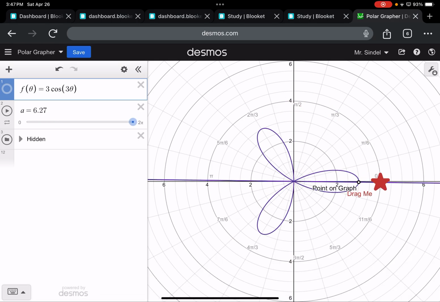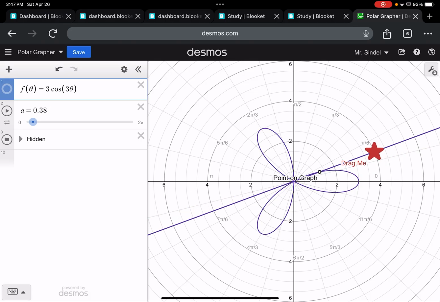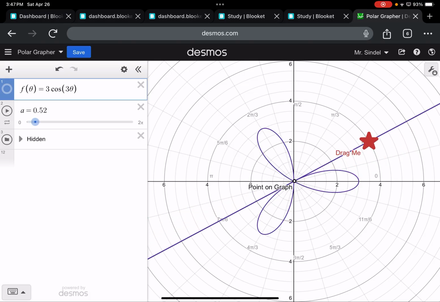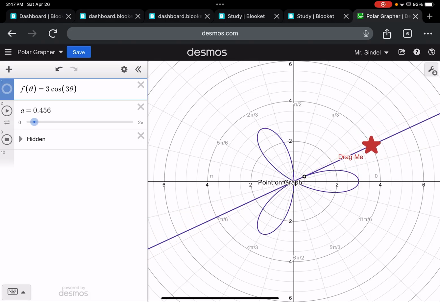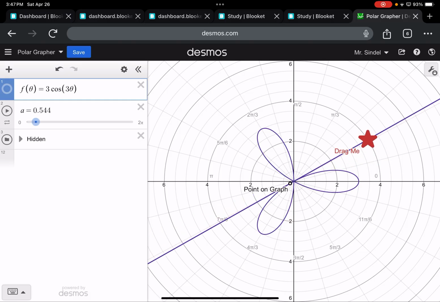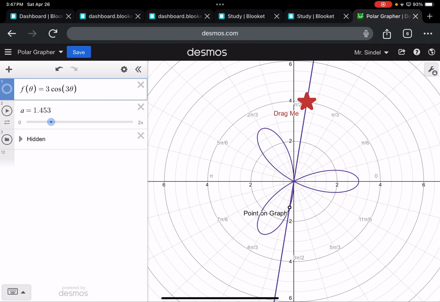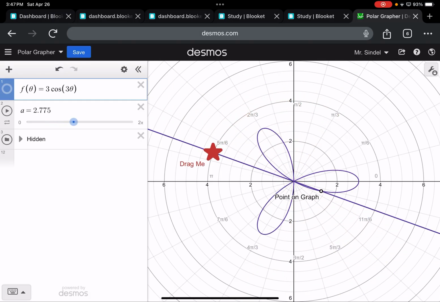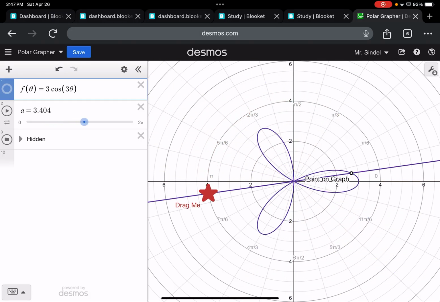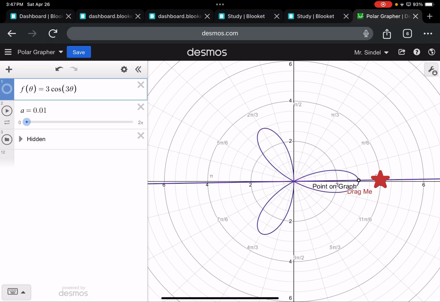And you can see that I'm just dragging between 0 and pi over 6. After I hit pi over 6, where does the function go? It continues. You always have that smooth motion. It continues onto the other side of the graph because I have negative values. And then it keeps continuing. It's just kind of fun to watch. And by the time I hit pi, it goes all the way back to where we started, which is all the way back here. Nice. Okay, so we were correct.